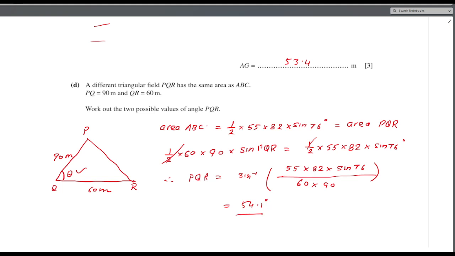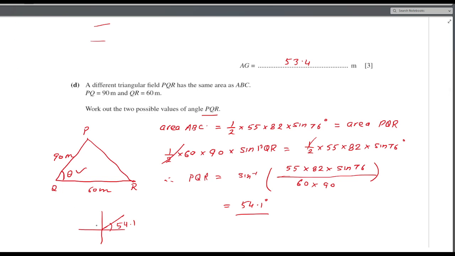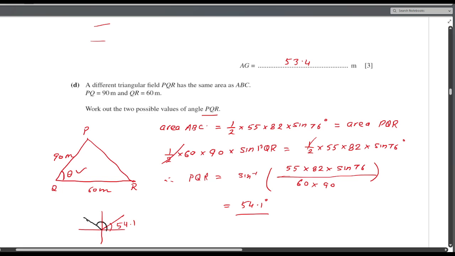Now your question is to work out two possible values of angle PQR. For sine, one angle is 54.1, which gives me an answer of 0.8 something. In trigonometry I know that angle theta and 180 minus theta both have the same trigonometric ratio.